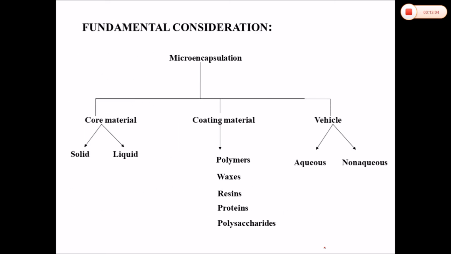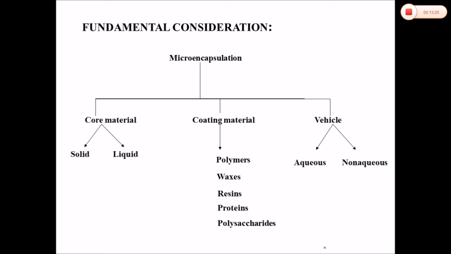So what is core material? So microencapsulations, here we can see the fundamental considerations of the microencapsulations. As already I have discussed, the process of microencapsulations involves a basic understanding of the general properties of microcapsules.